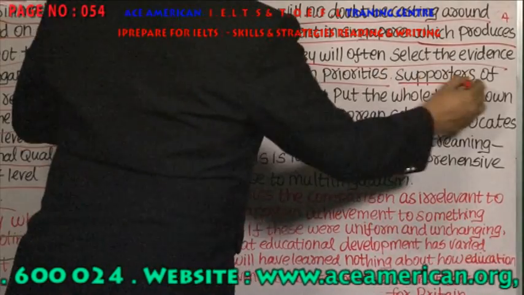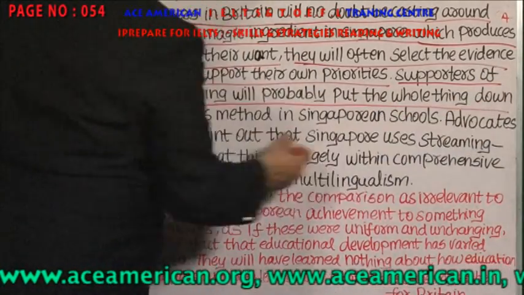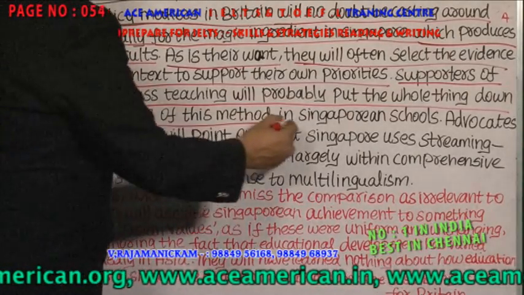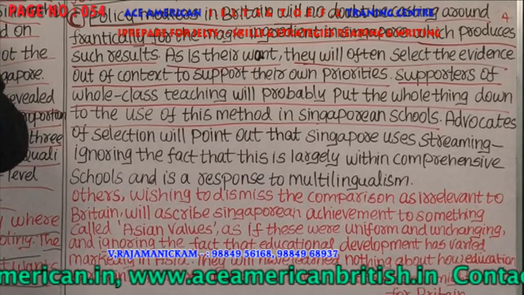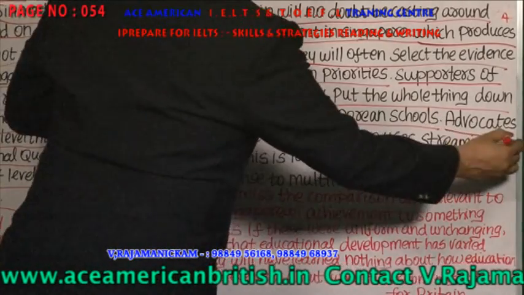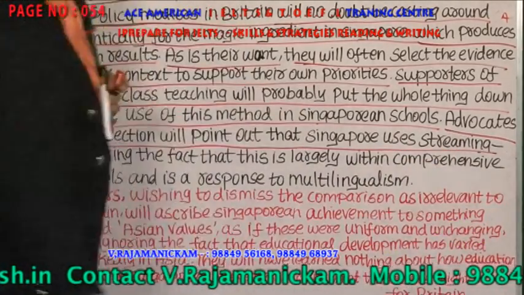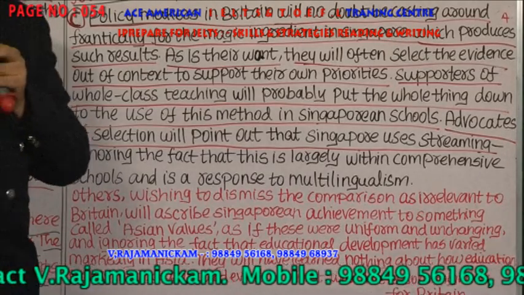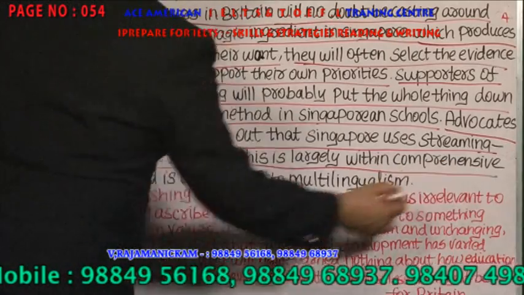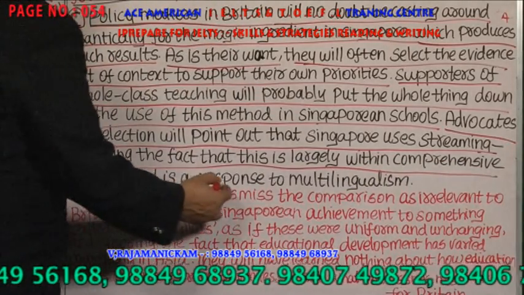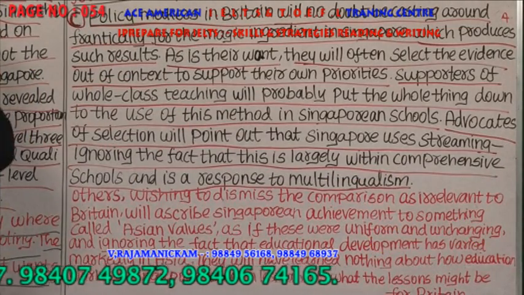So supporters of whole class teaching will probably put the whole thing down to the use of this method in Singaporean schools. They just say it is the whole class teaching, the Singaporeans' way of teaching. So advocates of selection will point out that Singapore uses streaming, ignoring the fact that this is largely within the comprehensive schools and is a response to multilingualism. So what do others say?